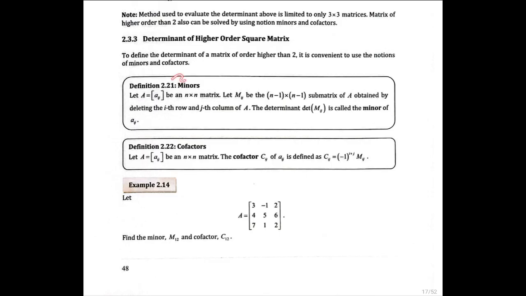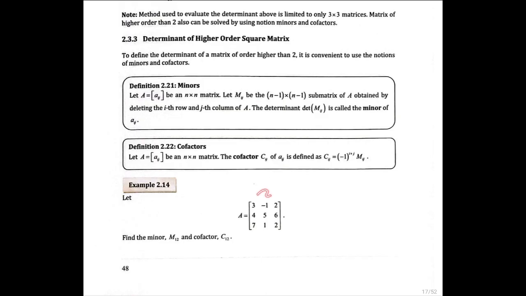We are going to have minors and cofactors. When we remove a row and column from a matrix in order to look for a determinant, what is left is called a minor.